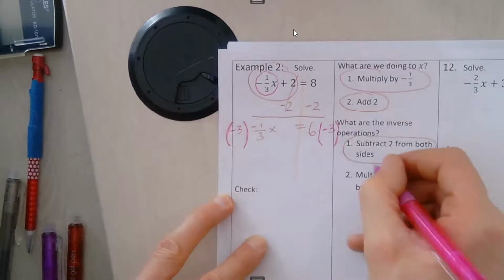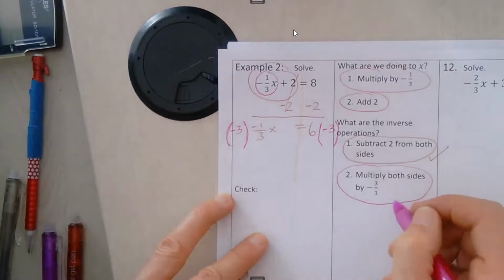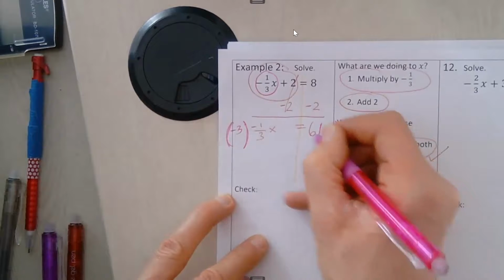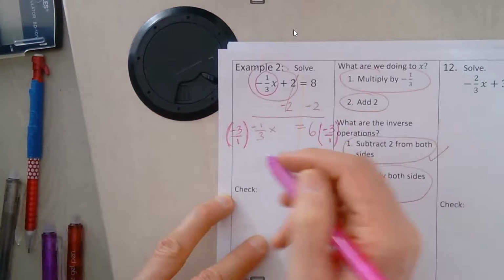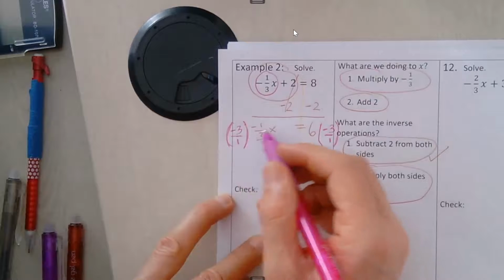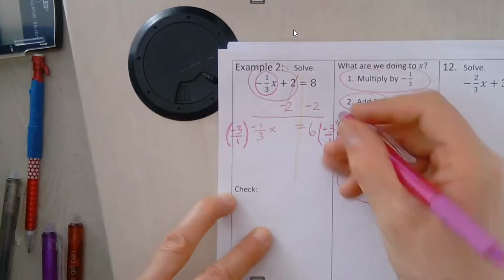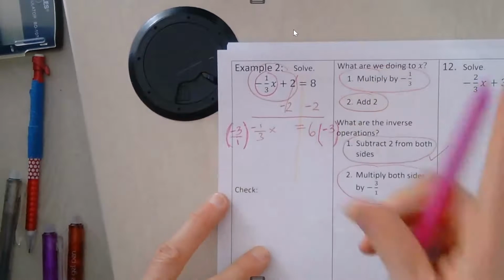And that's why you see multiply both sides by -3/1 as the second step. We're going to put this over 1 because of the multiplying fractions here. Over here, we don't actually need it to be over 1. We just have the number 6. So we could just not write it as a fraction on this side.